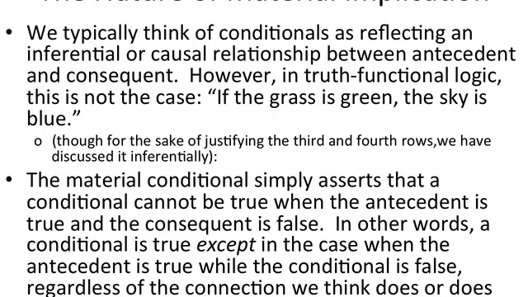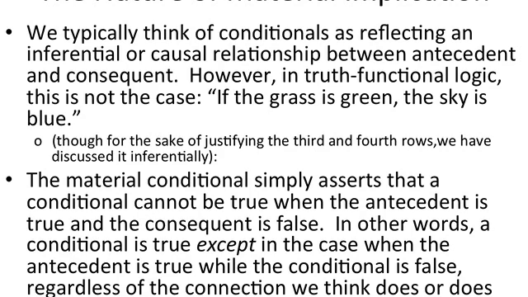But in truth functional logic, this is not the case. We can assert sentences like, if the grass is green, the sky is blue, which you and I wouldn't assert, but we can assert this sort of sentence in propositional logic notation and come up with a truth value for the horseshoe.